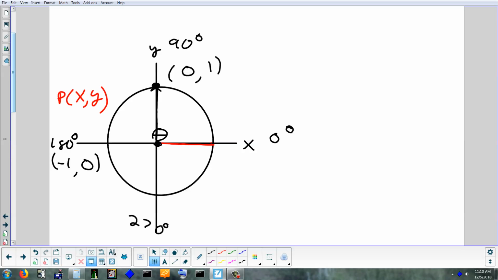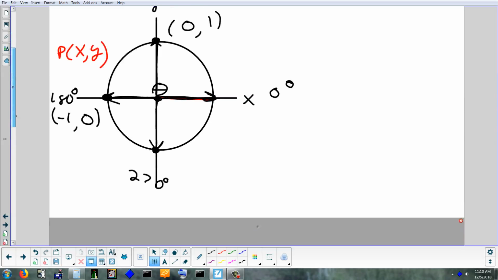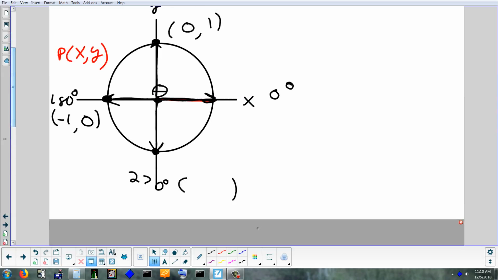I didn't draw the whole thing, but that'd be your initial, that's your terminal, and the point would be right there. Okay, 270. Initial, terminal. That's where the point for 270 would be. So what's the coordinate for 270? Yeah, (0, -1).